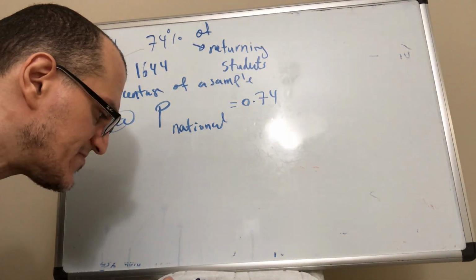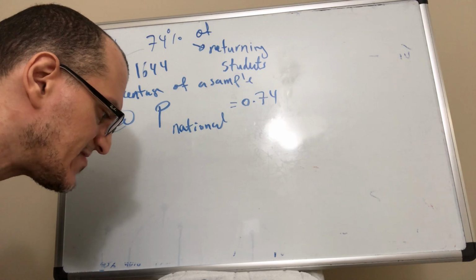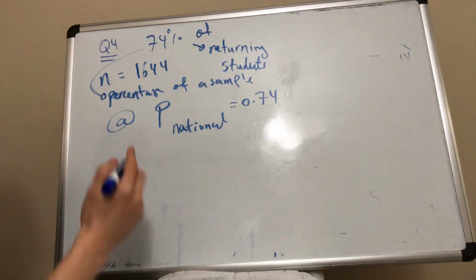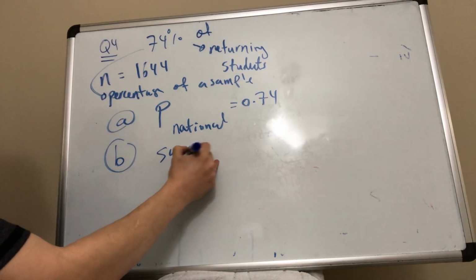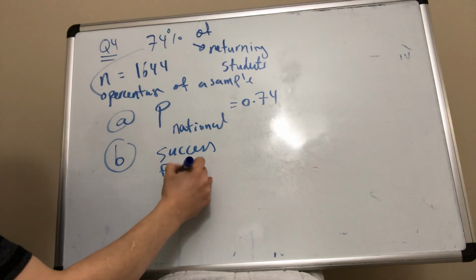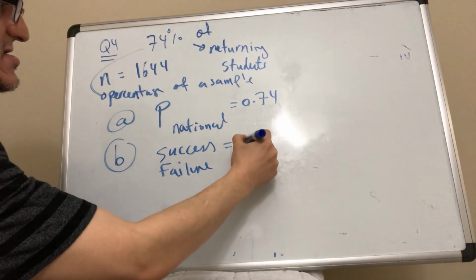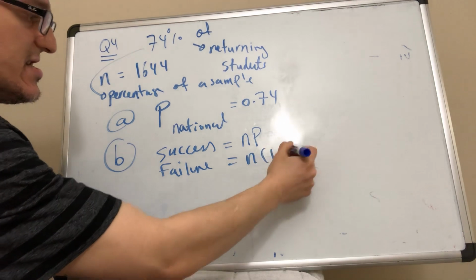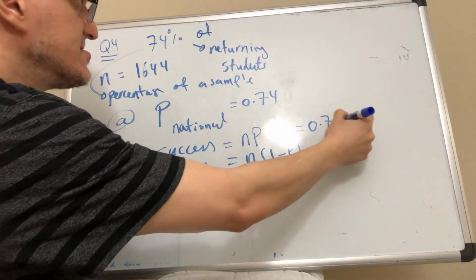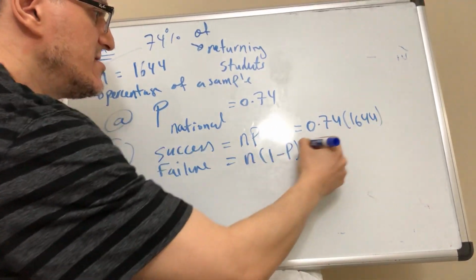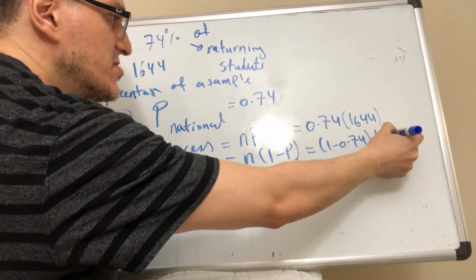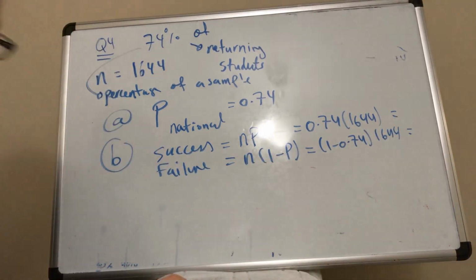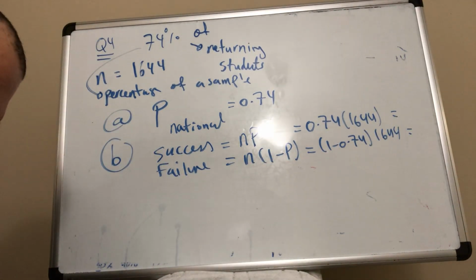Now, after this, verify that the conditions are met. This is the same conditions we saw in the first question. Success, failure. So you take np and n minus p. So you take 0.74 times 1644, and 1 minus 0.74 times 1644. And we're hoping that both numbers will be more than or equal to 10.